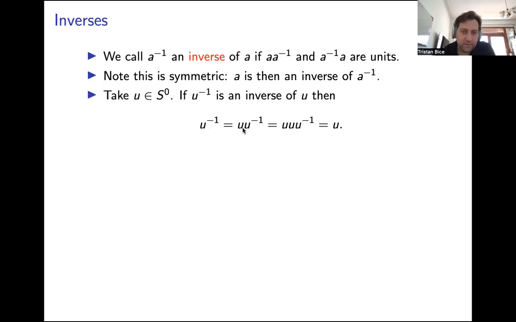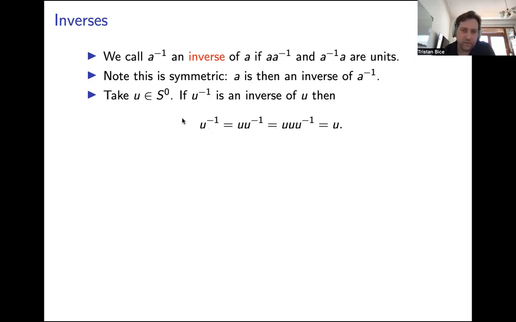But at the same time, once I know that, I can replace this U inverse here with another U inverse, right? But that tells us that this product is defined, but it also tells us that this has to be equal to U, because remember, by definition, to be an inverse, this means this U inverse is a unit. Right? It should do nothing to U.